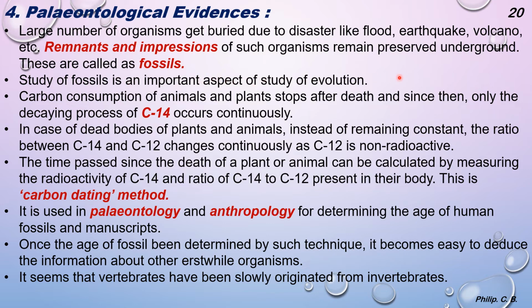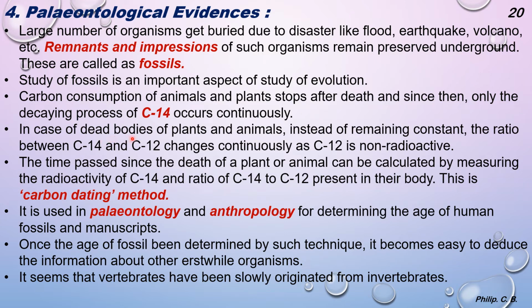So if you want to know about evolution, these fossils help us very much to know which species were present in the earlier times. Now, carbon consumption of animals and plants stops after death, and since then only the decaying process of C14, what is C14? Carbon 14, occurs continuously.